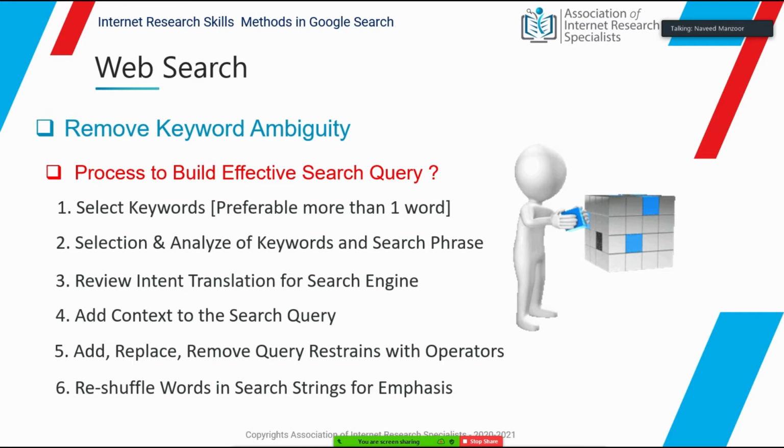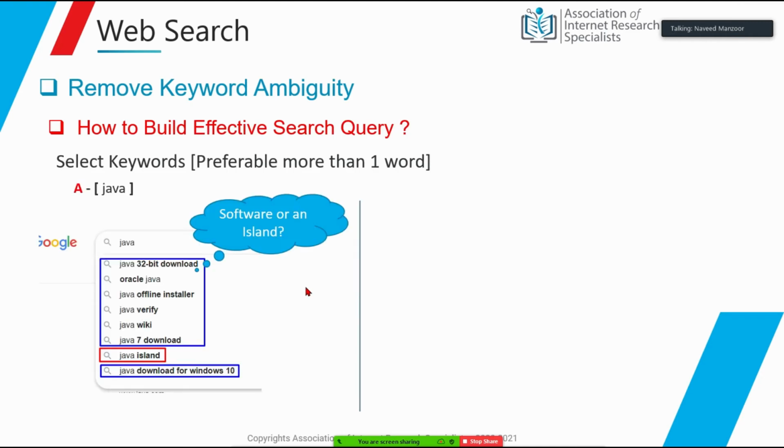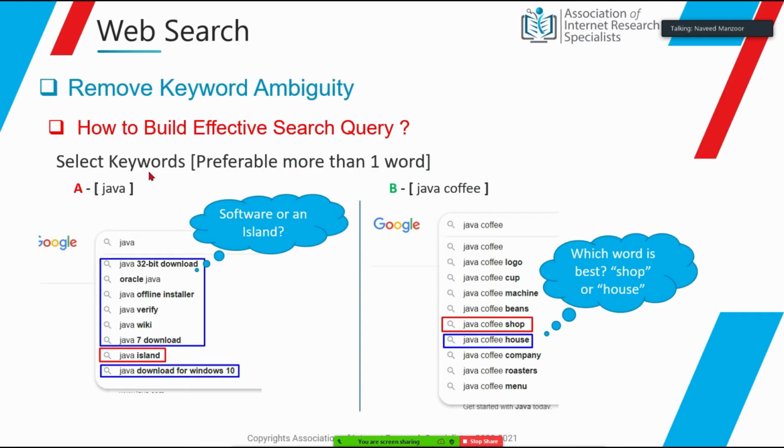So the more explicit you are in your queries and the more refinement you do on your own, the more in control you are, basically. And that's what is required when we are building effective search queries. So let's look at what some of the search ambiguities we are going to discuss, and this is pretty much a basic approach.